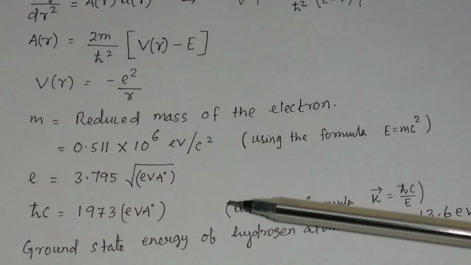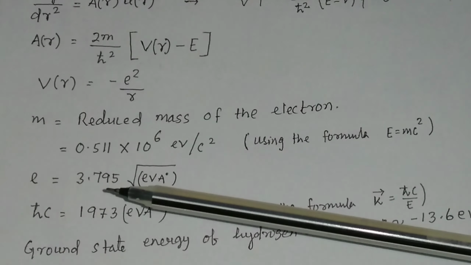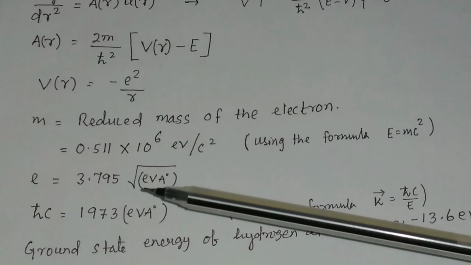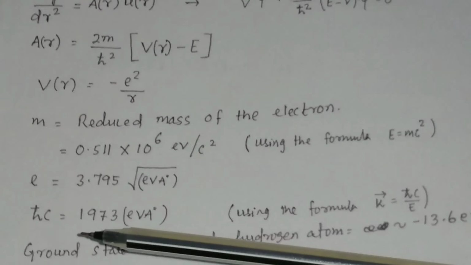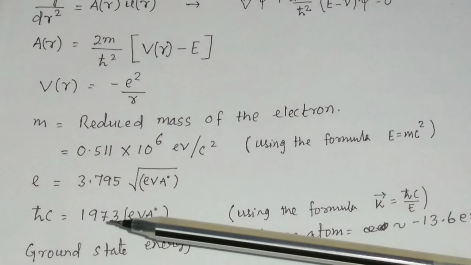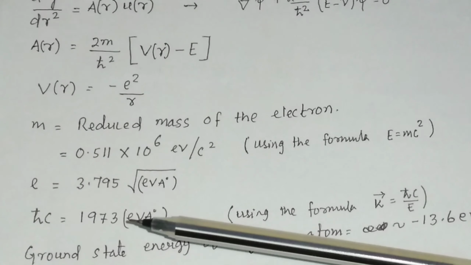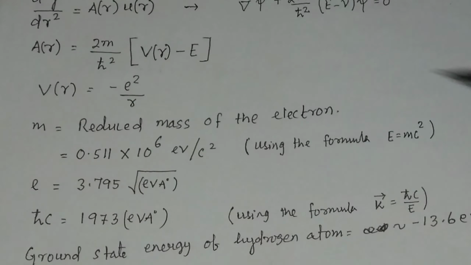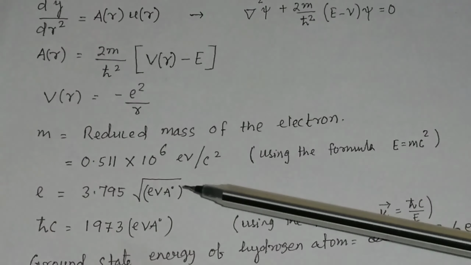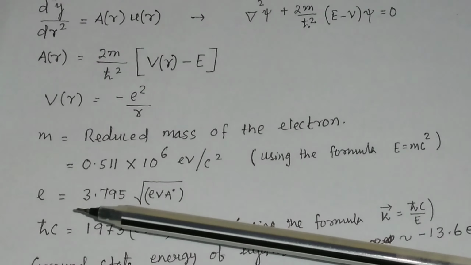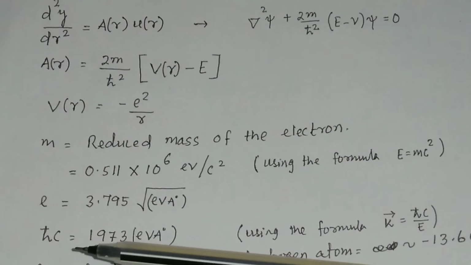It is also given that the charge of the electron e is equal to 3.795 square root of electron volt angstrom, and h cross c is equal to 1973 electron volt angstrom. And using your well-known de Broglie relation, you can find these values, the value of the charge of the electron and h cross c.